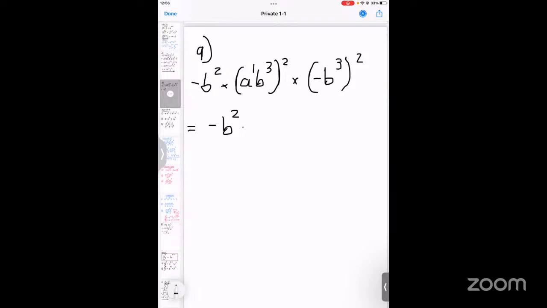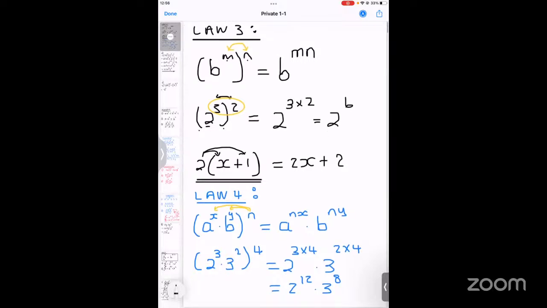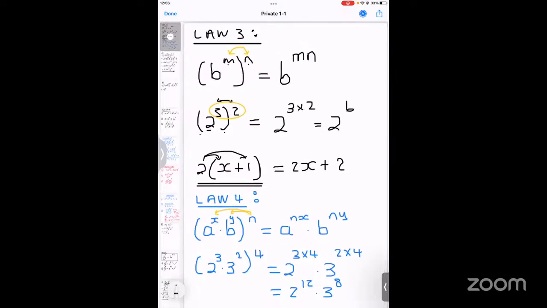So which law are we going to apply? I think law 4. Yes, law 4. What does law 4 say? Law 4 says, you see that exponent outside, you multiply that and you also multiply that.